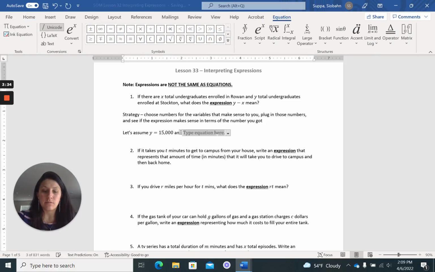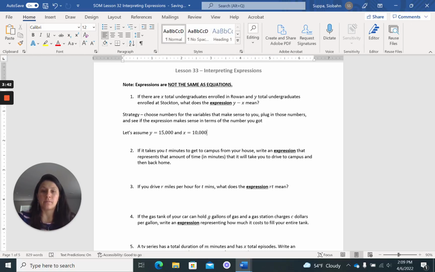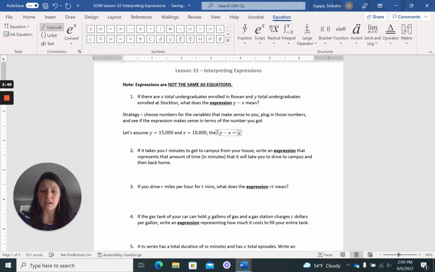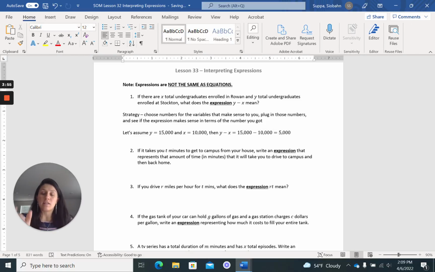And let's also assume that at Stockton University, which is where I work, there's maybe 10,000 students. If you assume that, then the expression Y minus X would be 15,000 minus 10,000, which would give us 5,000. And now I am going to use my intuitive knowledge of this real world situation to understand what this 5,000 means.